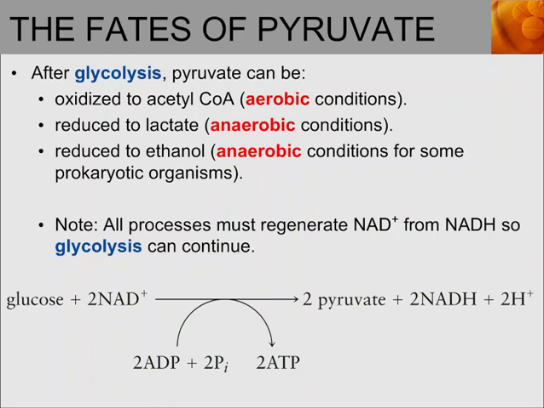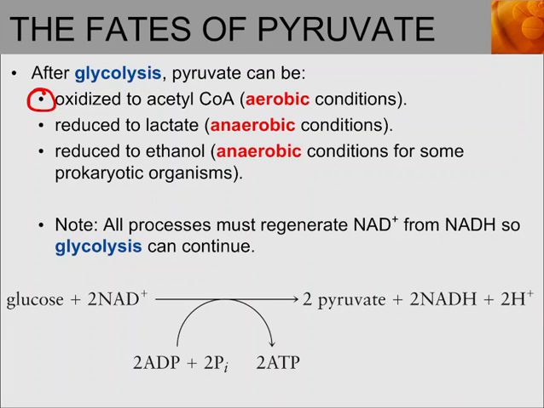So now let's talk about the fate of pyruvate. Earlier I said that it will become something called acetyl-CoA, which will then go on to the citric acid cycle. But there are other pathways that pyruvate can take. After glycolysis, pyruvate can be turned into acetyl-CoA, and it's actually oxidized into acetyl-CoA.